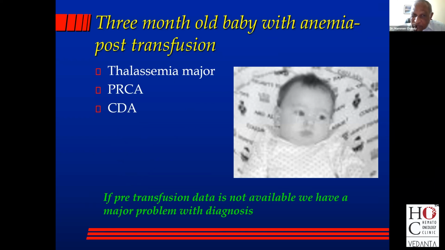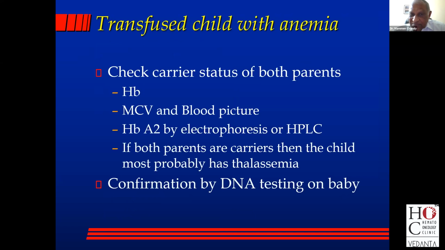Same differential diagnosis, thalassemia major, PRCA, or a congenital dyserythropoietic anemia. The problem is that the fetal hemoglobin level may be low after transfusion and will go down the wrong pathway. Even if you wait, sometimes the fetal hemoglobin level doesn't come up, and therefore you will have to resort to molecular tests or check whether both parents are carriers, right?